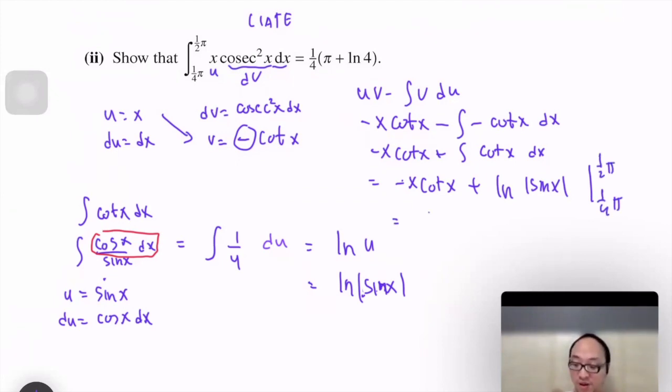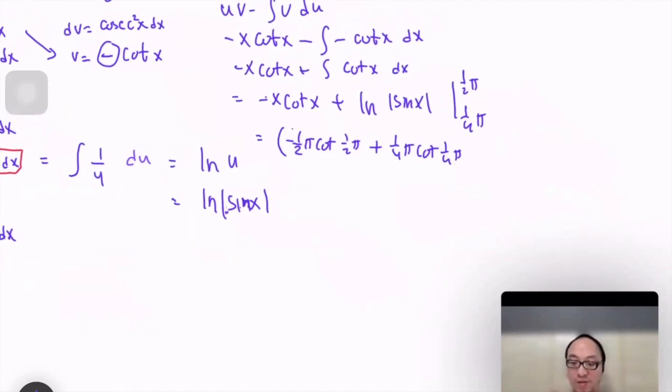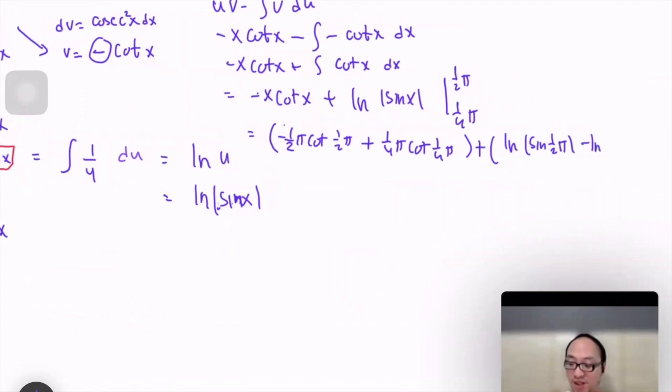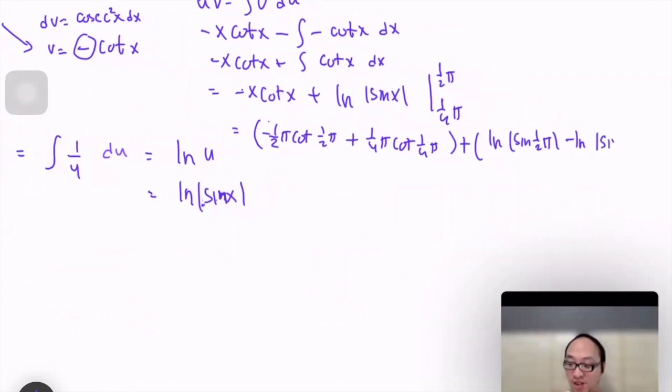Okay, bracket negative 1 over 2 pi cotangent 1 over 2 pi, plus 1 over 4 pi cotangent 1 over 4 pi, plus ln sine 1 over 2 pi minus ln sine 1 over 4 pi.